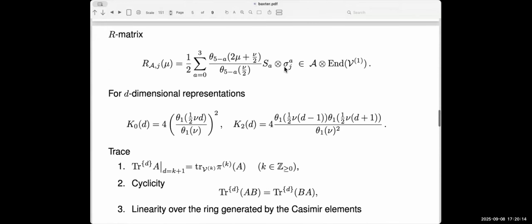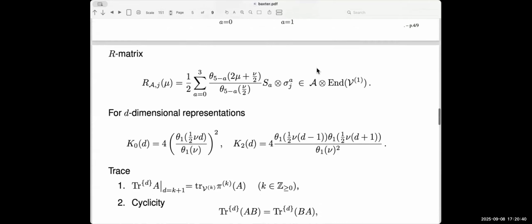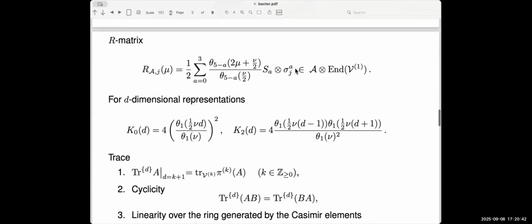And so the rest is based on the R matrix. The R matrix belongs to the tensor product. So here we consider an R matrix which has two spaces. One is called auxiliary, and the other is quantum. The auxiliary space is just an element of our Sklyanin algebra, and these are just sigma matrices.